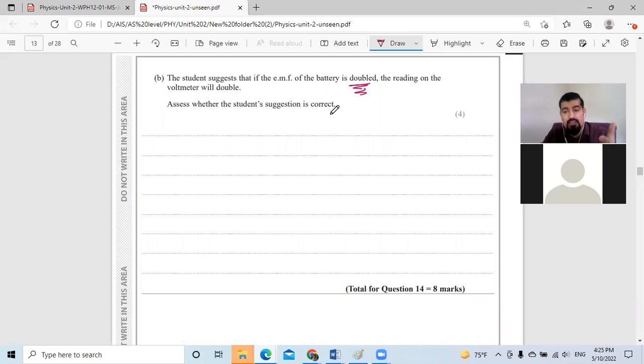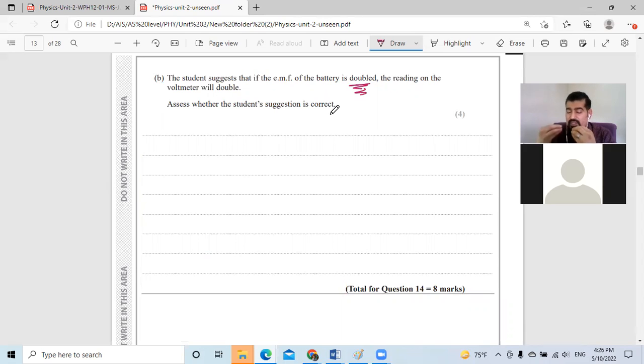When there is more current in the circuit, does this cause a heating effect? Of course it causes a heating effect. So what happened to the temperature of the thermistor? It increases. As the temperature of the thermistor increases, what happened to its resistance? It decreases. As the resistance of the thermistor decreases, the potential difference across the thermistor also decreases.